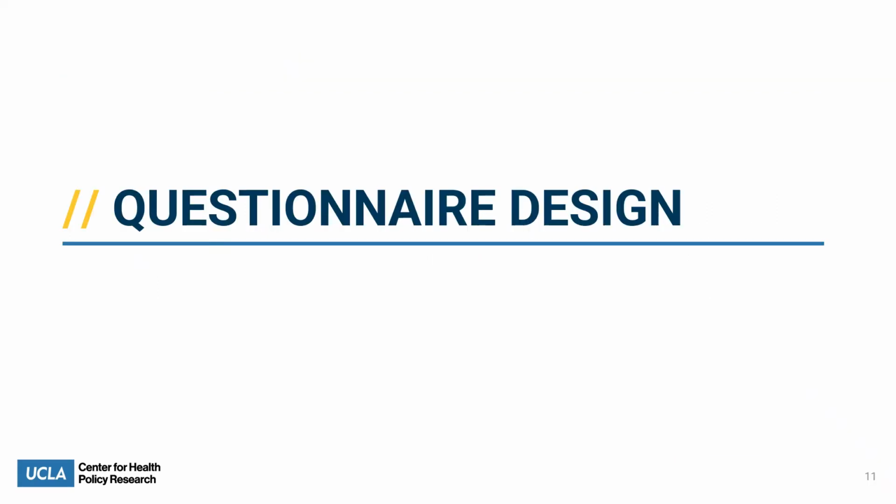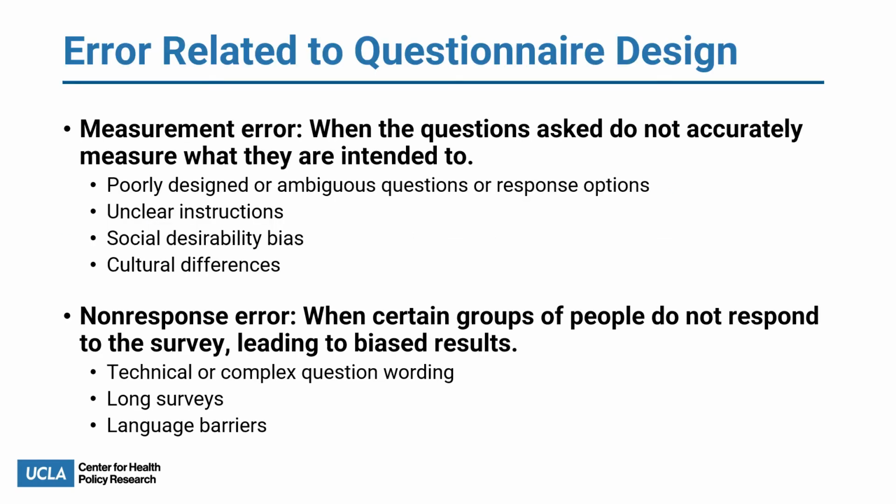Now we will dig more deeply into the details on questionnaire design. One important reason to apply an equity lens to questionnaire design is to reduce survey error. This includes both measurement error and non-response error. Measurement error occurs when the questions we ask do not accurately capture what we intend to measure.